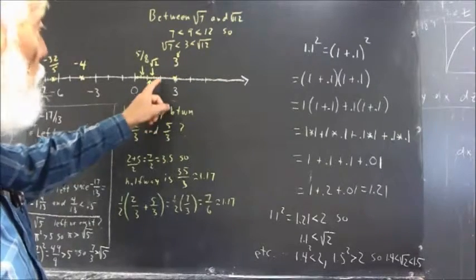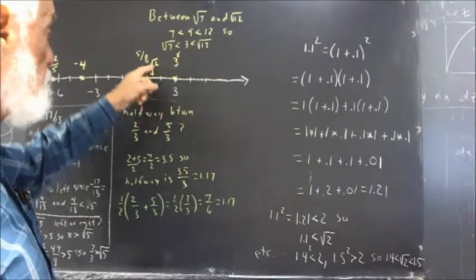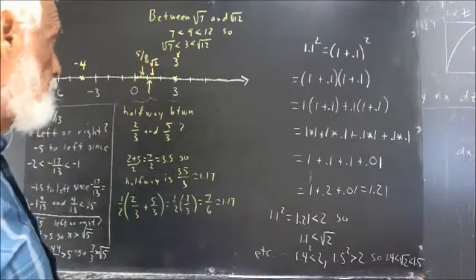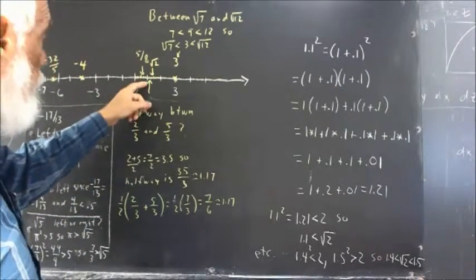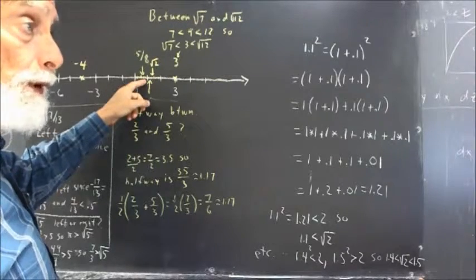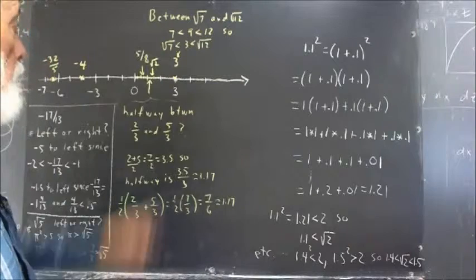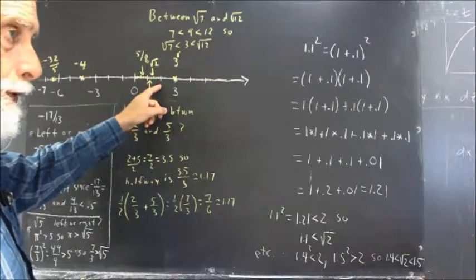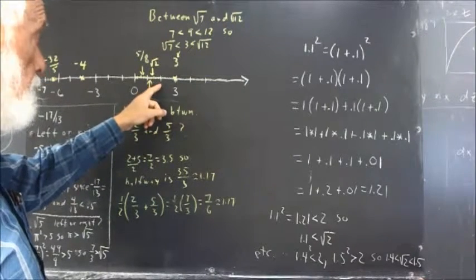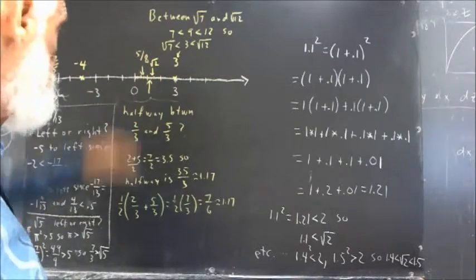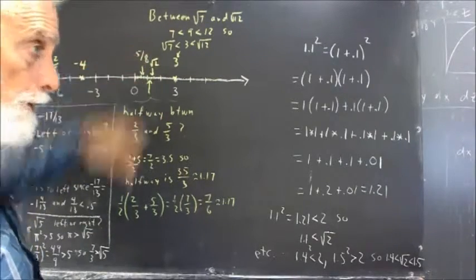As a matter of fact, 2 squared is 4, which is greater than 2, so 2 is greater than the square root of 2. 1 squared is less than 2, so 1 is less than the square root of 2. So the square root of 2 has to lie between 1 and 2.